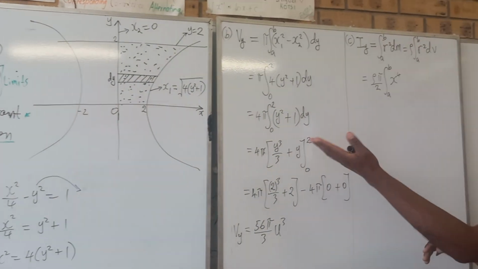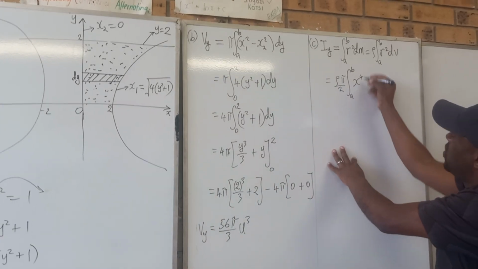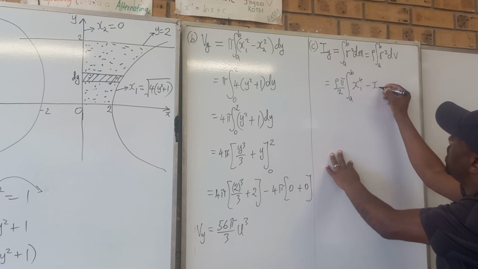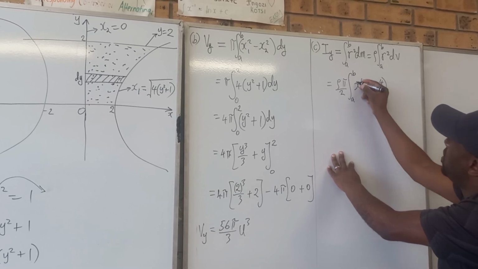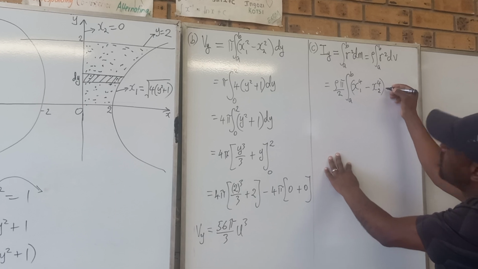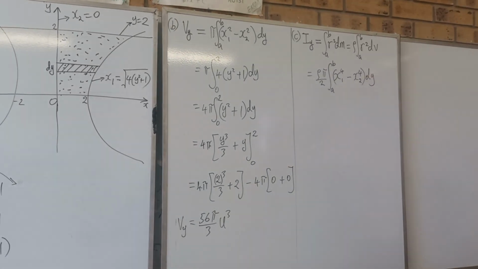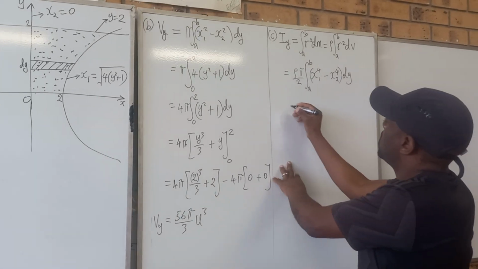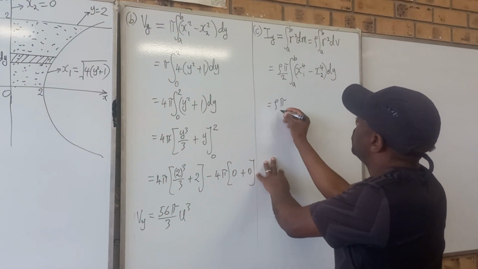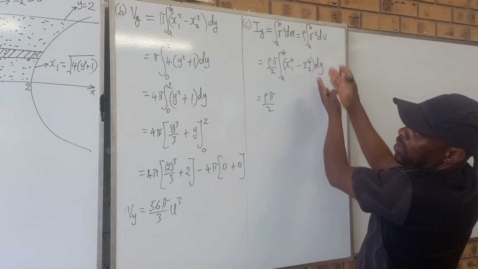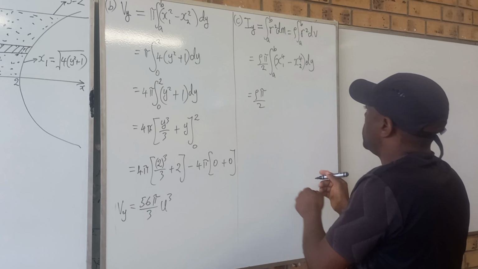So if I want to accommodate the information on my graph, instead of just writing x to the power 4, I will write x1 to the power 4 minus x2 to the power 4, which will still reduce to x to the power 4 dy because our x2 is 0. That way we can now start substituting, but it's good to have that knowledge of writing it like this, because what if x2 is not 0? You cannot lose any information.